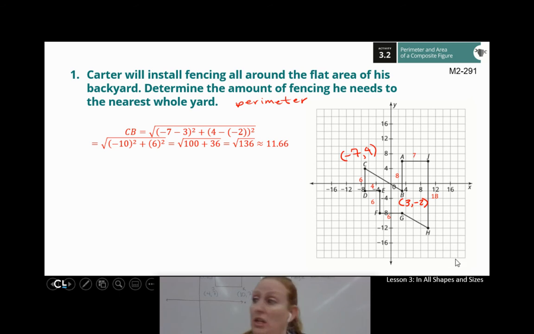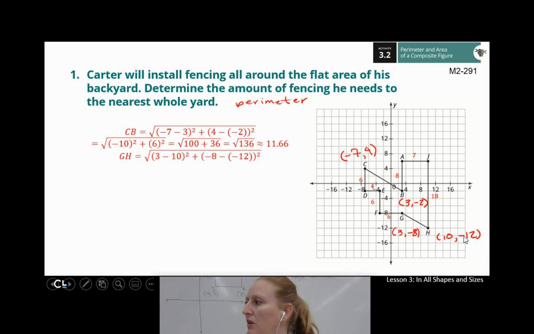Let's find the length of GH. So again, I need some coordinates here. G is at, looks like we had to go right 3 and down 8. So 3, -8. It looks like H, we had to go right 10 and down 12. So that's a -12. Awesome. I'm going to subtract my x coordinates, 3 minus 10.